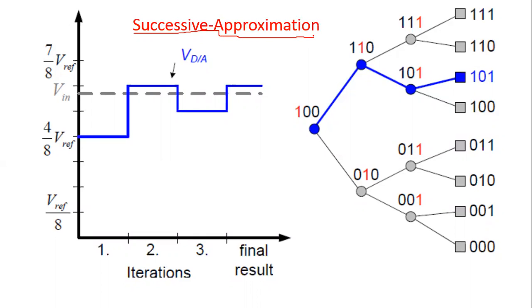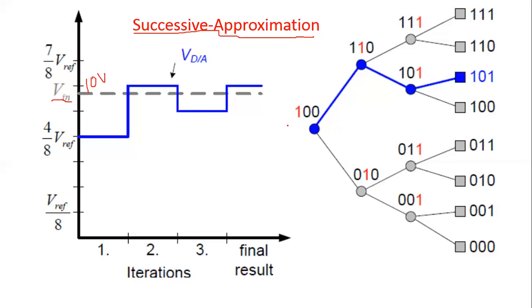So what is the successive approximation method? Let us take this as the input signal. This is the voltage reference, which is, for example, 10 volts.